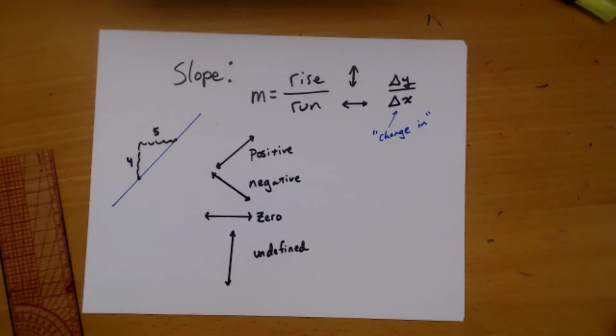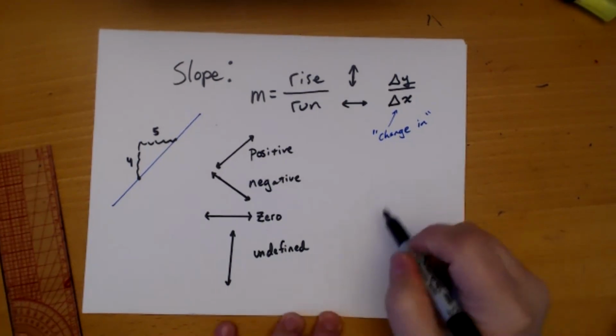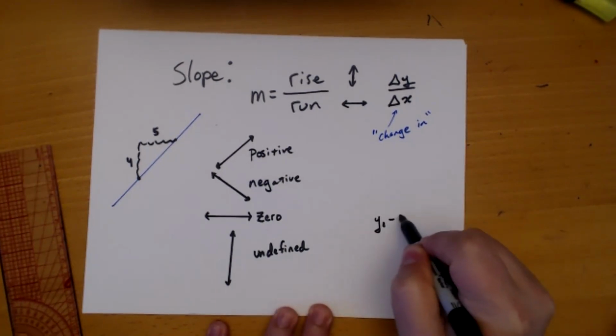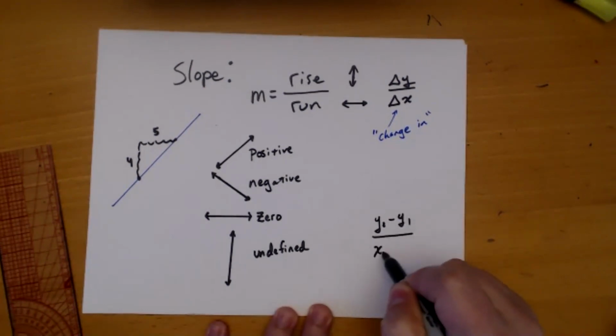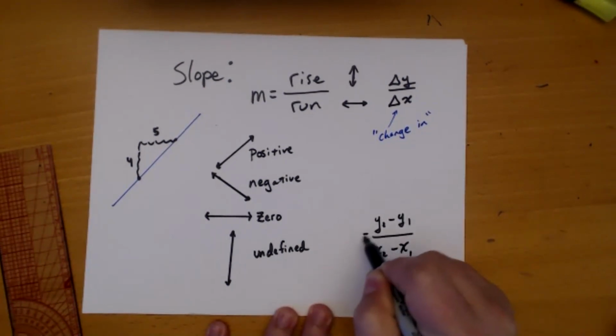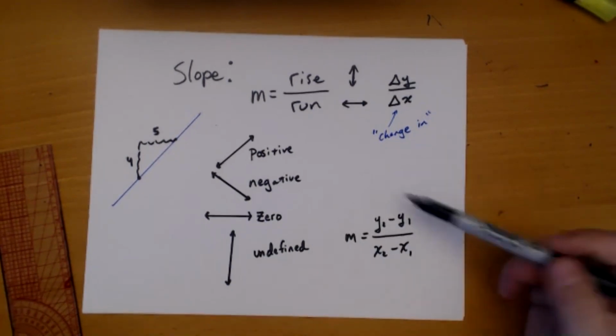Maybe you don't remember how to use it, but you were taught it, right? It looks like this: y2 minus y1 all over x2 minus x1. Does anybody recognize that formula?